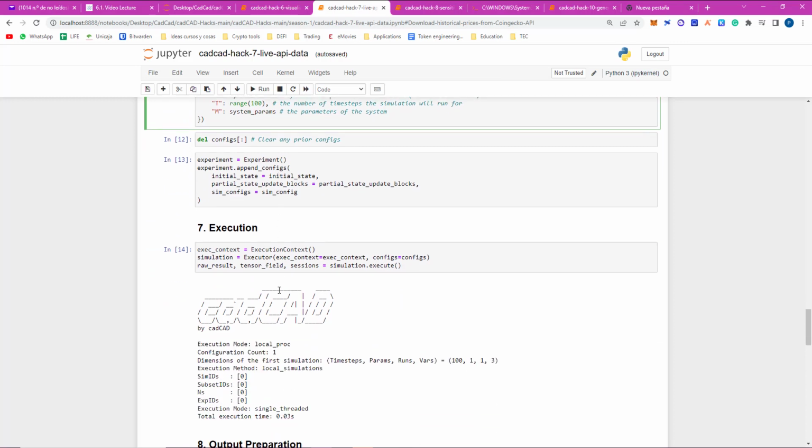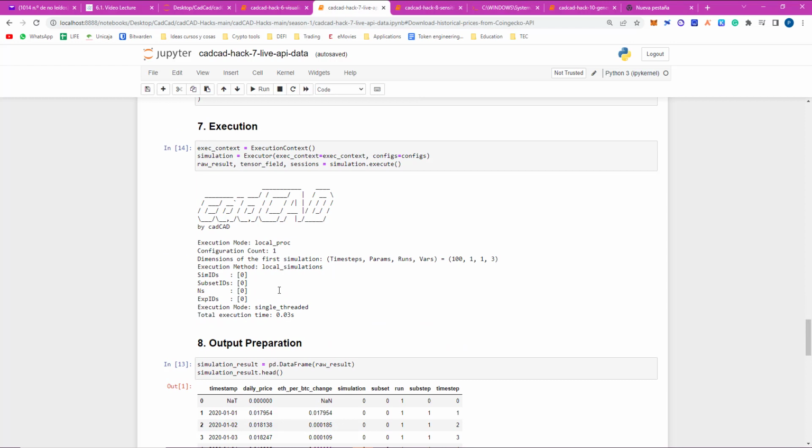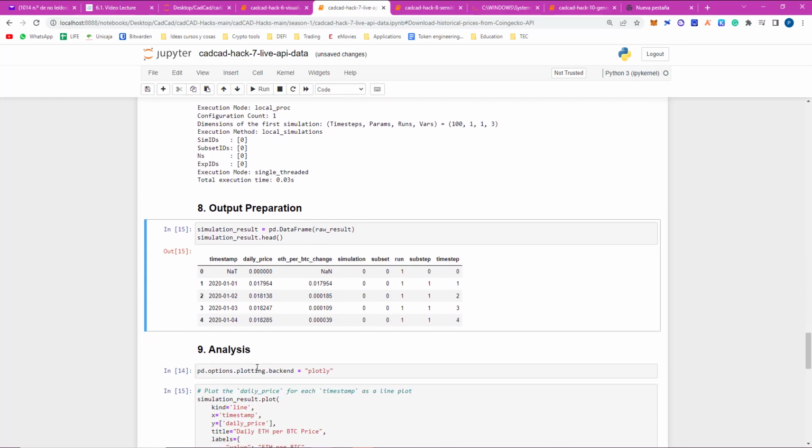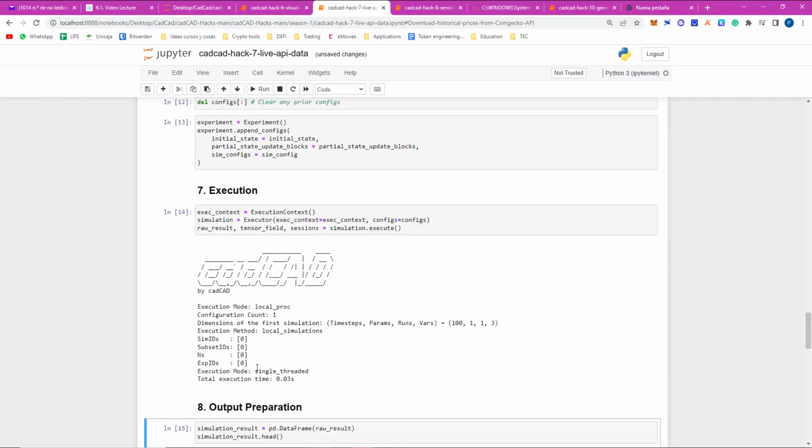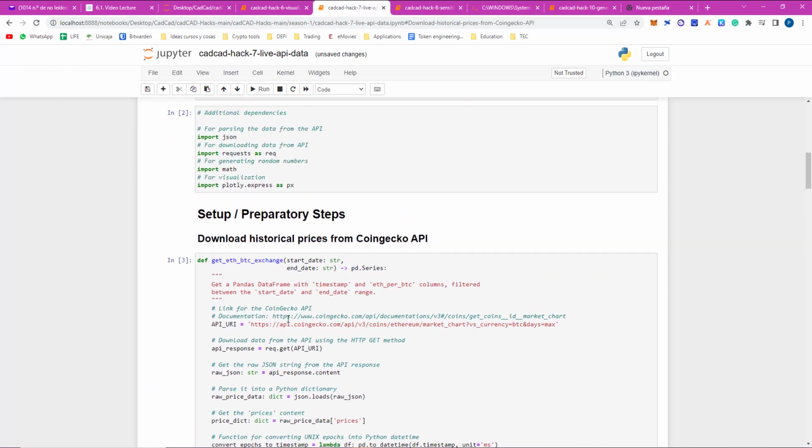Because if you ran infinite Monte Carlo runs, they're all going to be on top of each other. They're going to be the same, basically, so it's kind of useless. It's just going to drain computational power from your computer. I assume you don't have any random parameters, and in this case you're getting the data from an API.